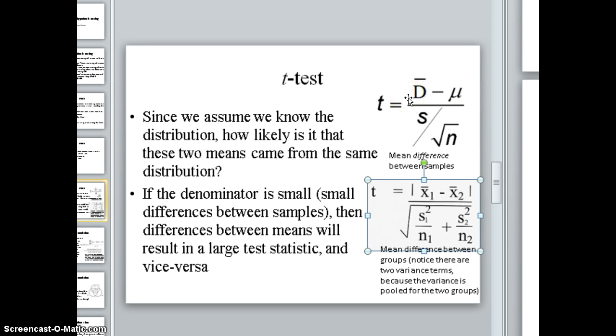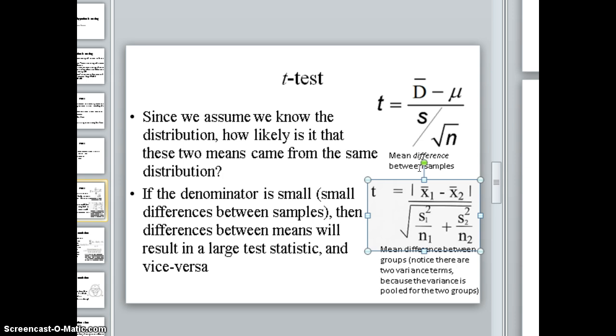And compares it to the difference expected under the null hypothesis. Now, if you remember, the null hypothesis is that there is no difference in the means. So in most cases, it's the difference minus 0. And then you divide that difference by an estimate of the variability of the scores in that sample.